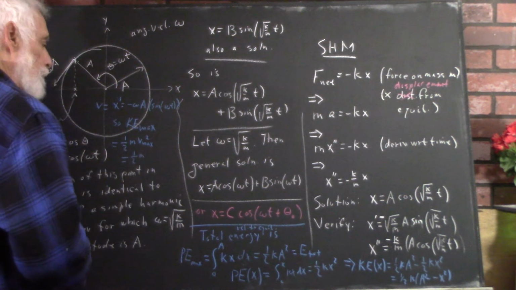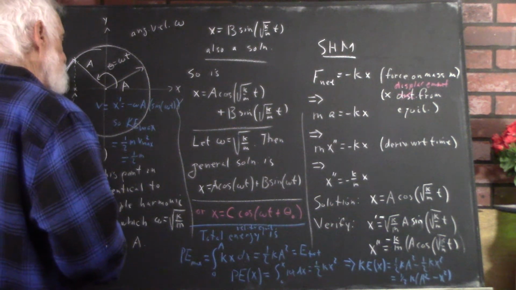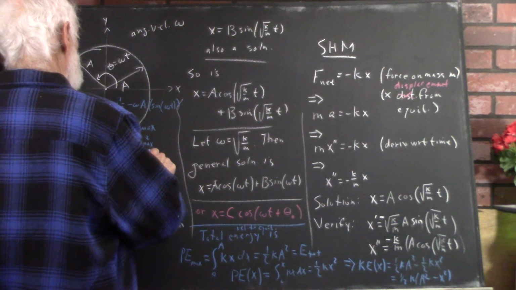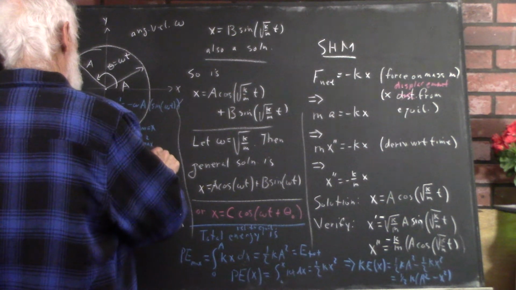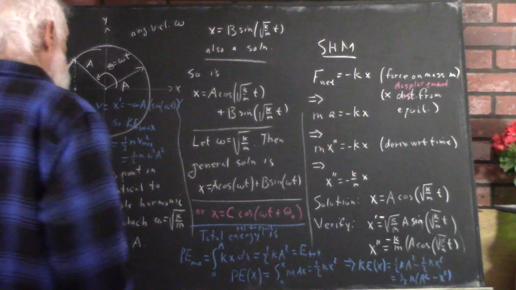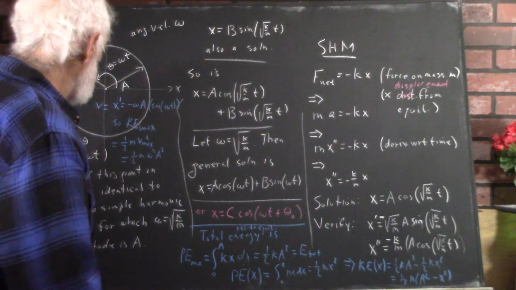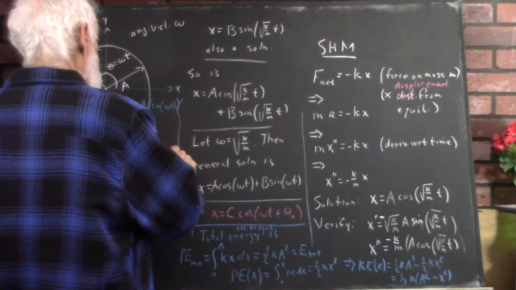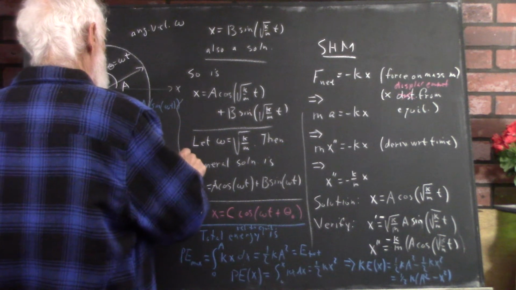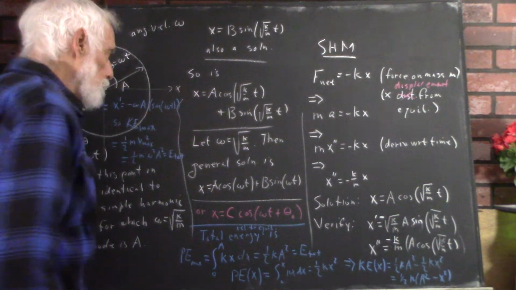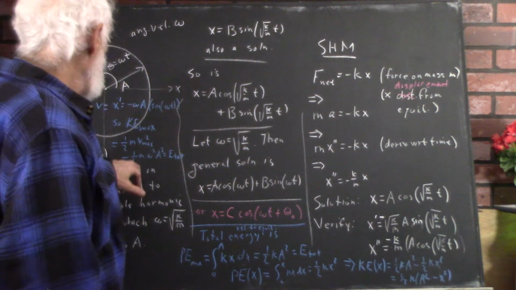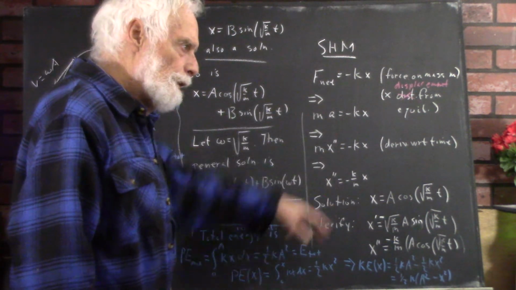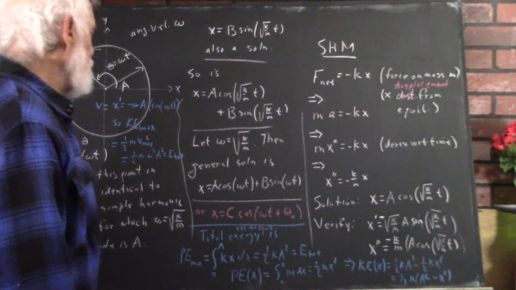That's 1/2 the mass times, we'll just say, omega squared A squared. And this equals your total energy. Now, mass and omega and A are related by these quantities over here.